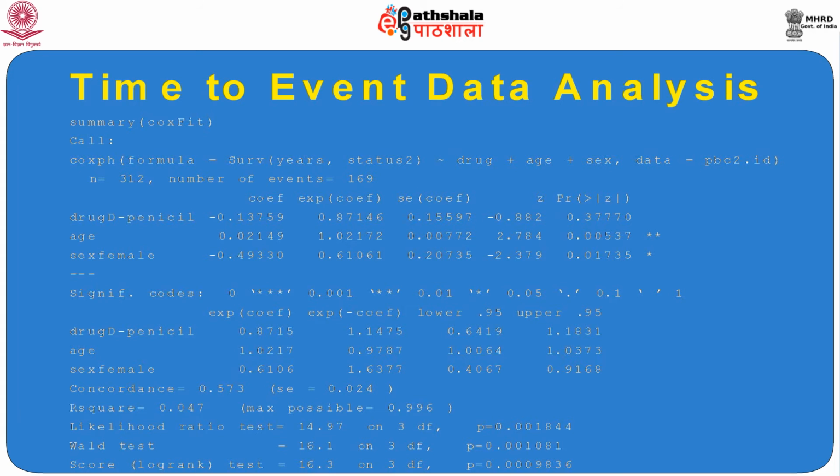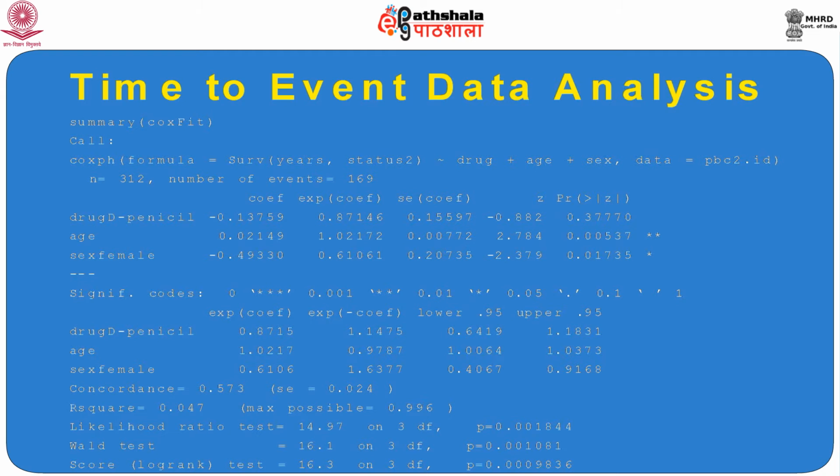We can see that drug D-penicillin has a negative coefficient with odds ratio 0.87. So those who are treated with penicillin have lesser death. However, since the p value is greater than 0.05, we should not consider it a significant measurement.